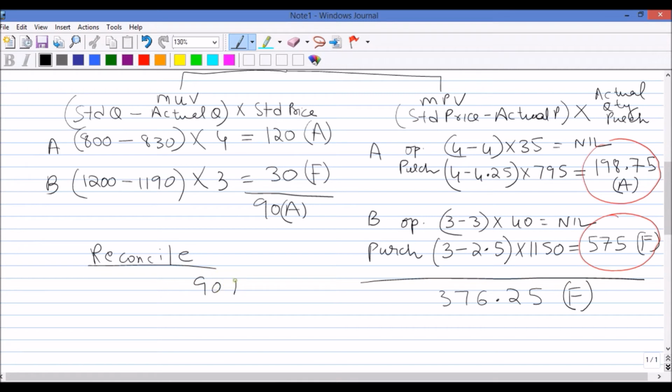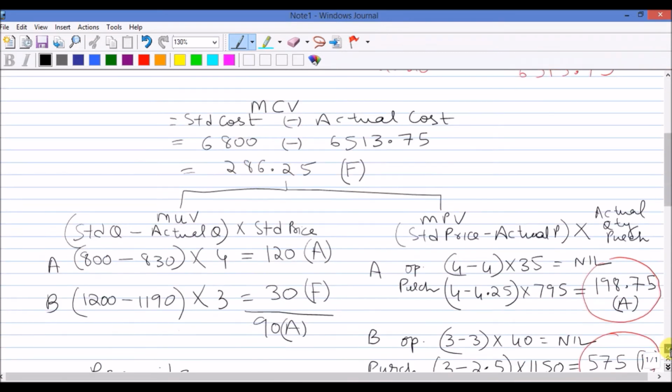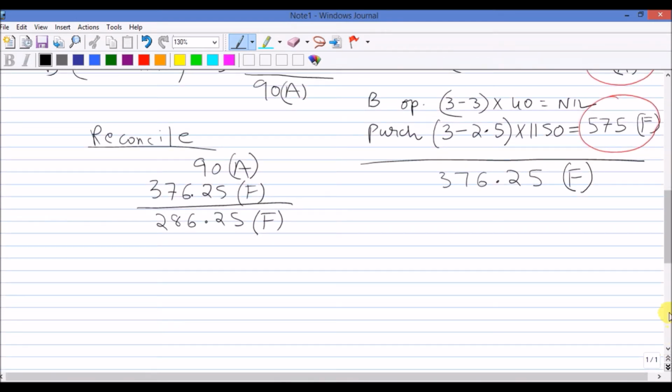So this is 90 adverse, this one is 376.25 favorable. So I'll subtract 376.25 minus 90. So I'm going to get 286.25 favorable. I think this should tally. Yes, 286.25 favorable. So we are done with this part.